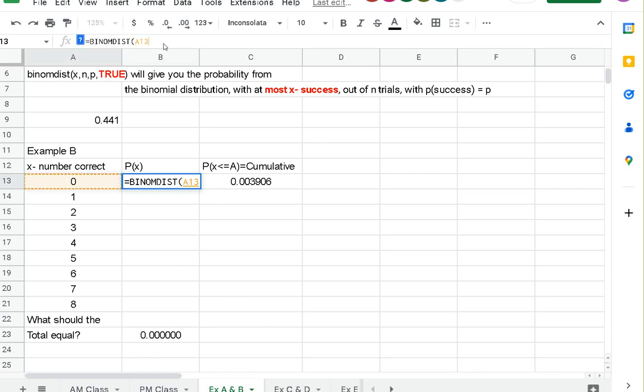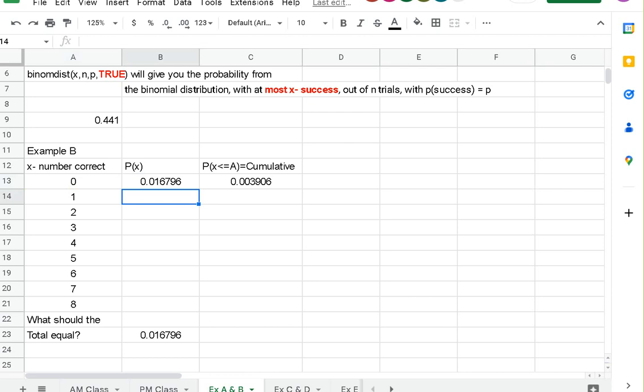So that's the number of successes, followed by N. What's N for us in this case? 8. And the probability of success is 0.4, comma, false. So there's your command. Binomial distribution of A13, comma, 8, comma, 0.4, comma, false.